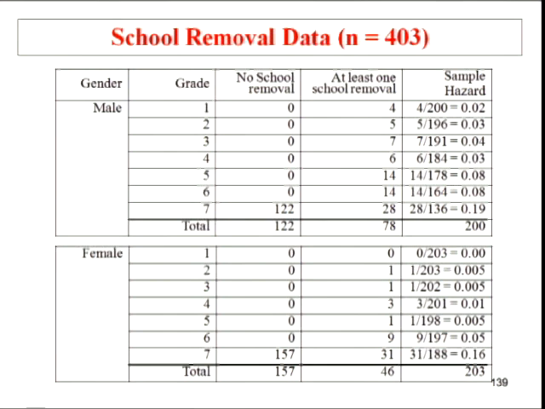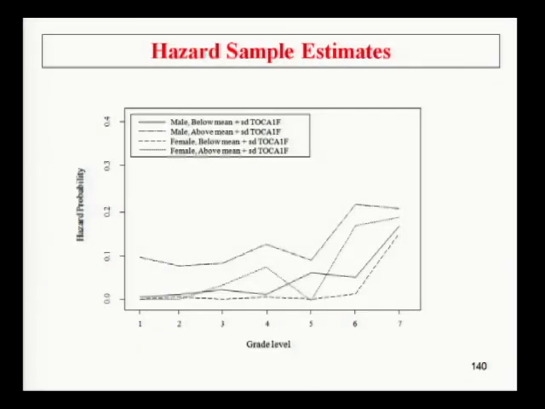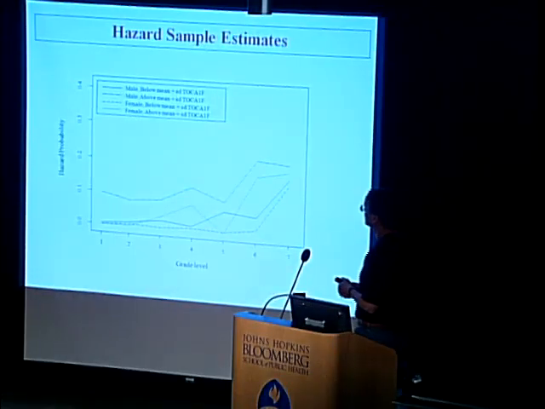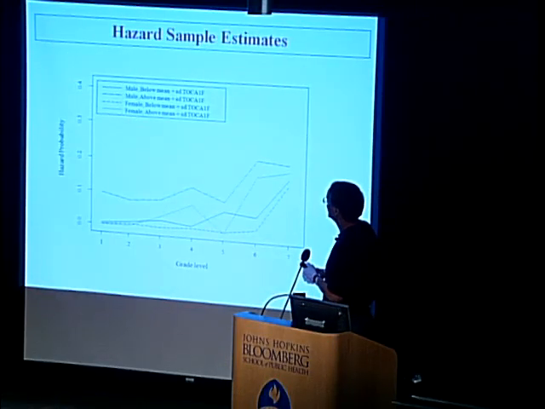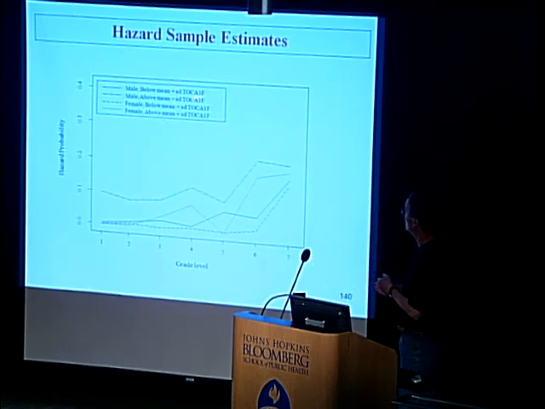These things can be plotted now. You can take these sample hazards on the y-axis and plot against the grades, and you get different hazard profiles that you can take a look at. Actually, here we did it by looking at males and females, and looking at below and above the mean for TOCA 1F, which means the aggressive disruptive measurement score in the fall of first grade.